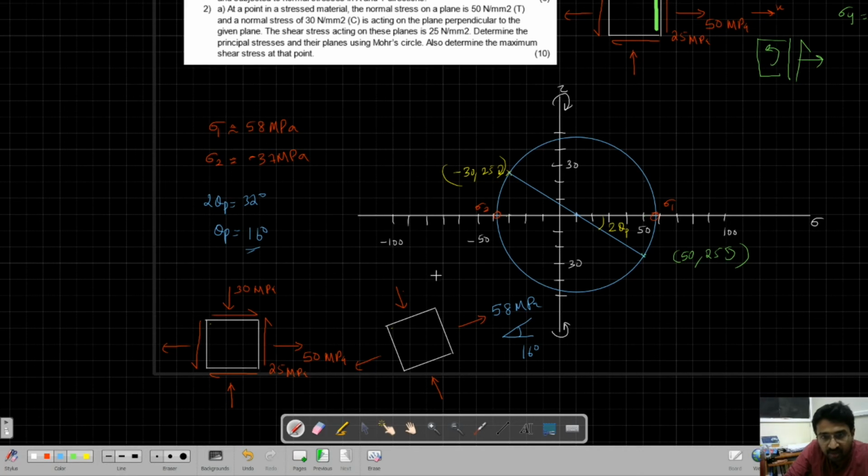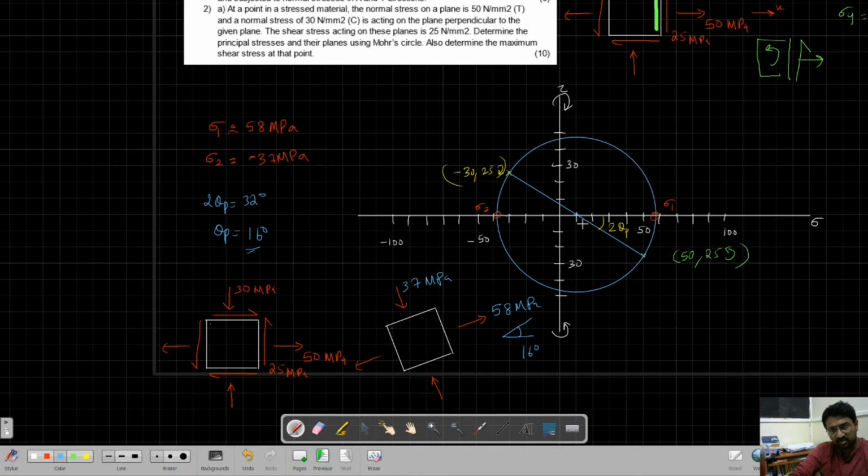Then from there, if I travel 90 degrees, which is 180 degrees in the Mohr circle, I'll get 37 MPa here. For this plane, the angle is 16 degrees. For this plane, it is 16 plus 90. In the Mohr circle, it is 2 theta p plus 180, that is 90 into 2.